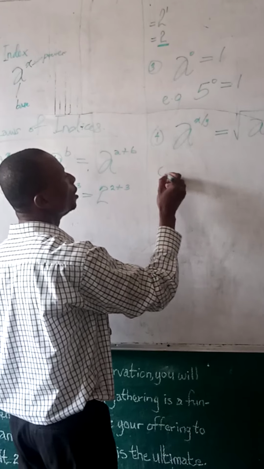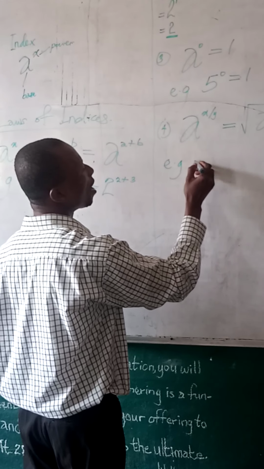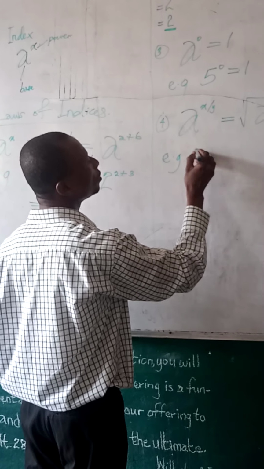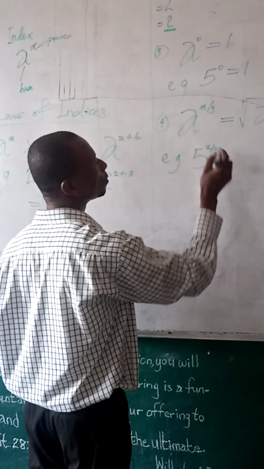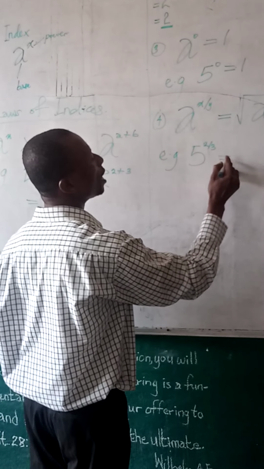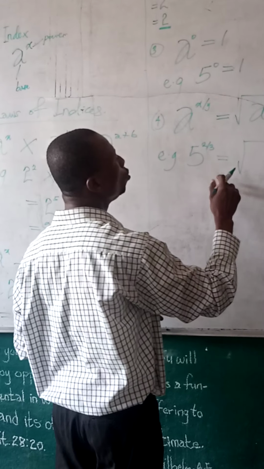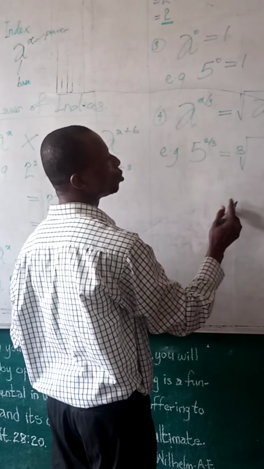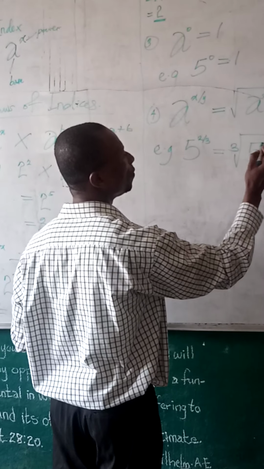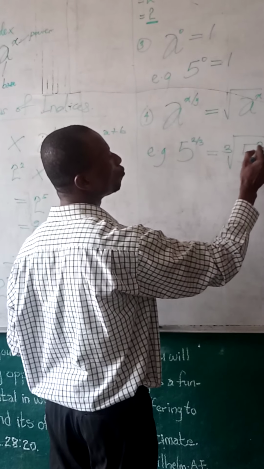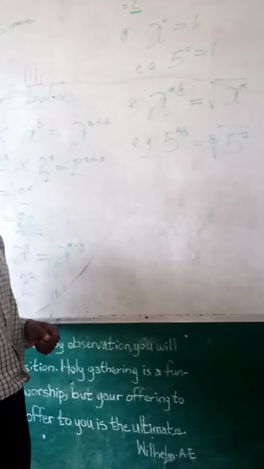For example, if I have 5 raised to the power 2 over 3, this can be written as the cube root of 5 raised to the power of 2, and so on.